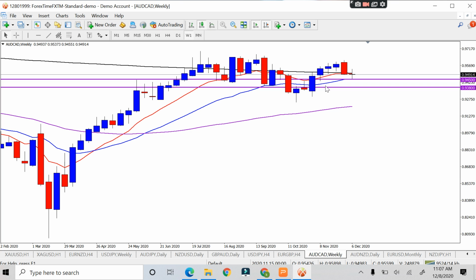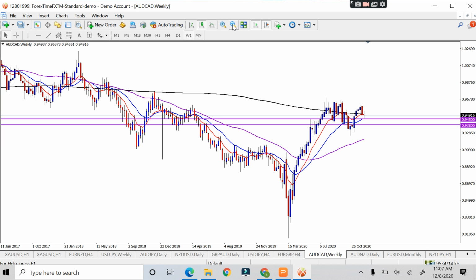Though the moving averages are saying buy, when you look at the big structure, you're seeing a situation that could be selling. So I'll wait for more bearish confirmation before I sell this market.